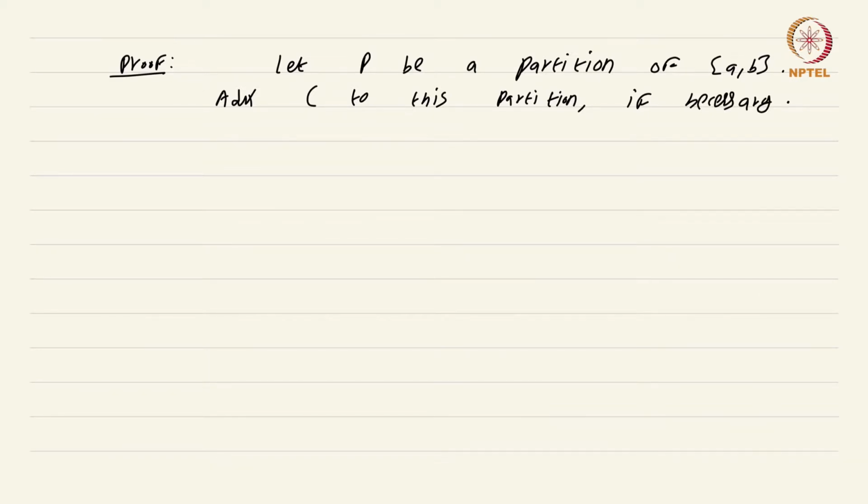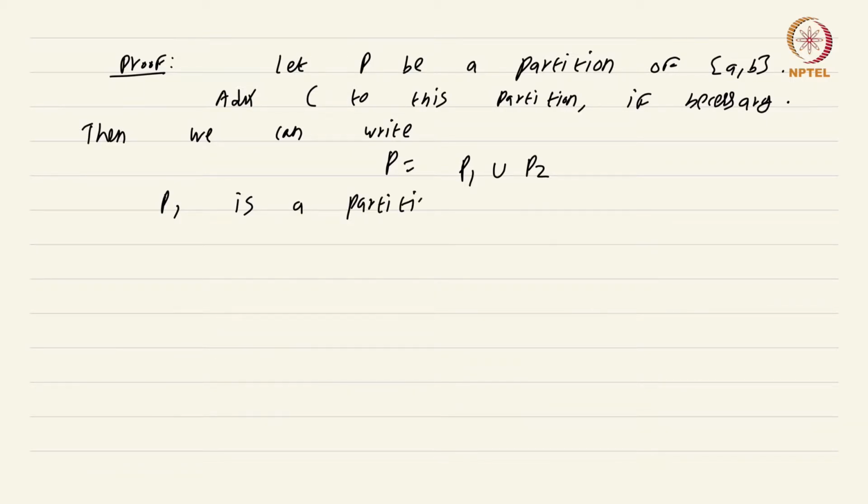Then we can write P as P1 union P2, where P1 is a partition of AC, and P2 is a partition of CB.